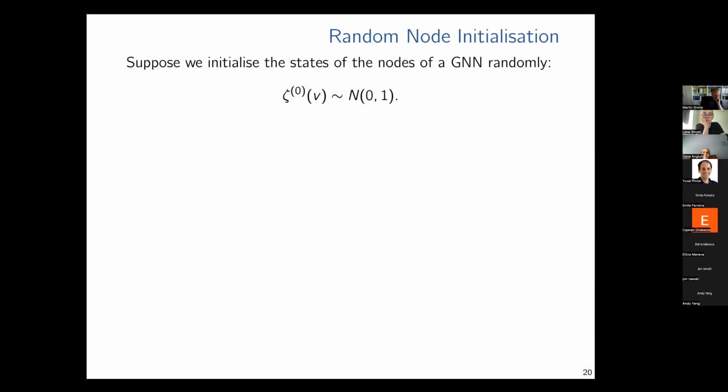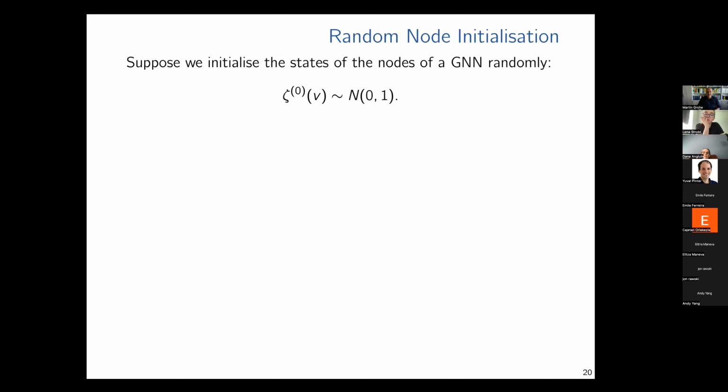Okay, now something very interesting is the question, what happens if we initialize the states of the nodes randomly? That's something we typically do in practice because it really helps. So maybe you have some fixed labels which correspond to whatever information you want to encode.